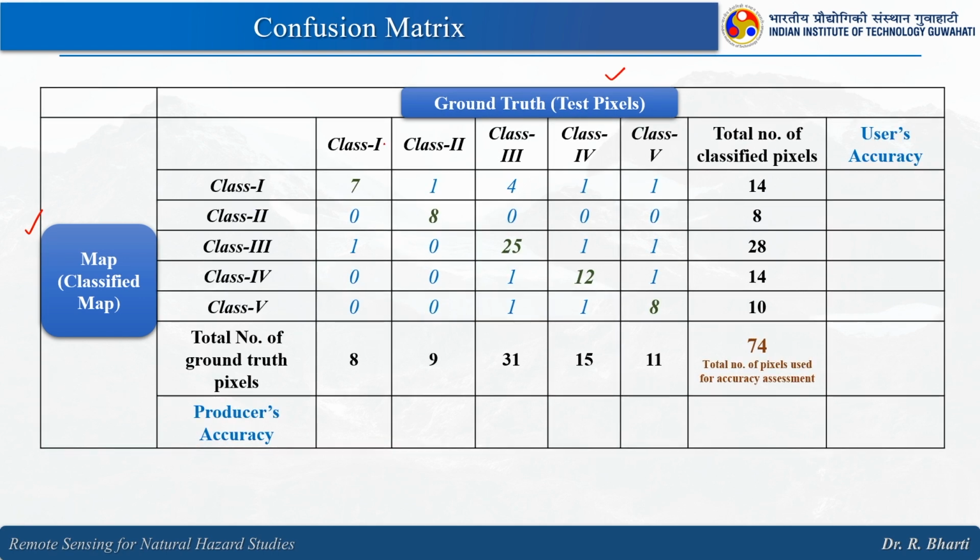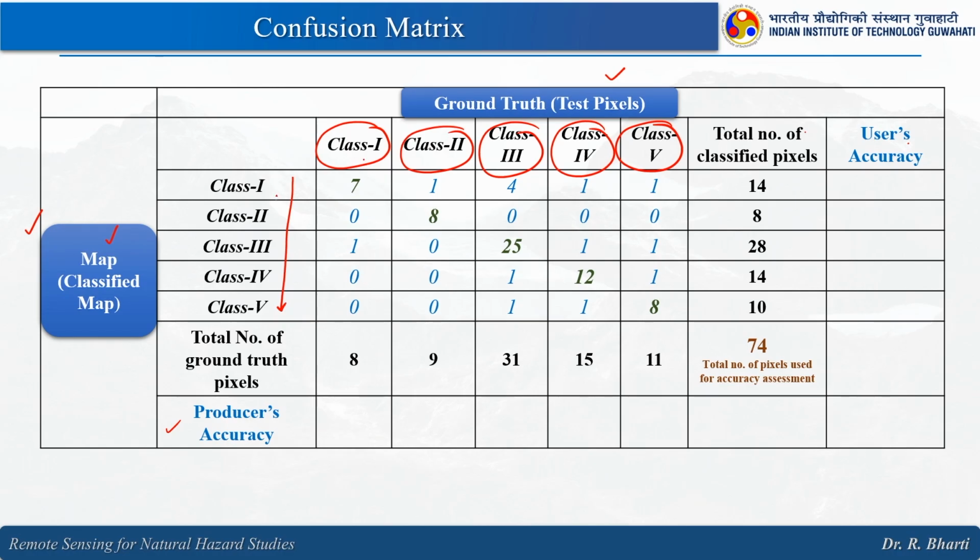Now, you see we have classified our image into 5 classes. So, this is class 1, class 2, class 3, class 4 and class 5, and this is the total number of pixels, and here you have user accuracy, here you have producer accuracy. So, similarly the classified map is also having the 5 classes.